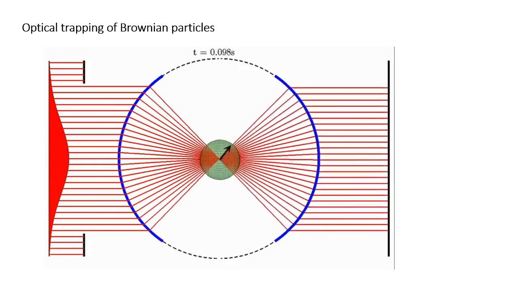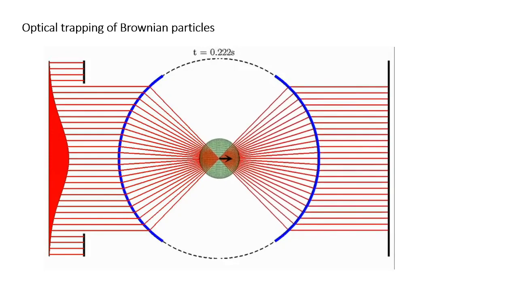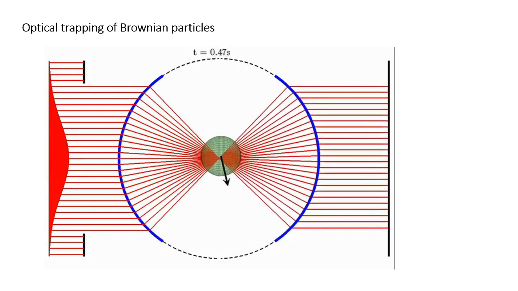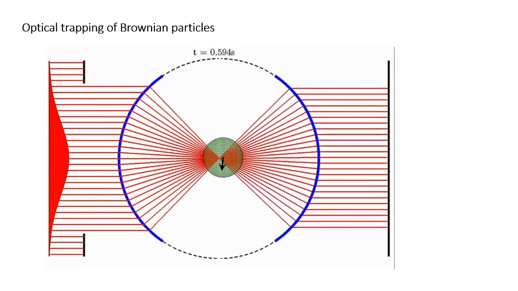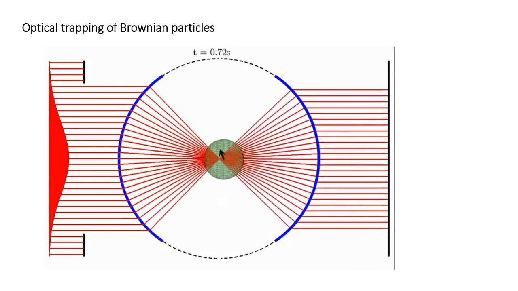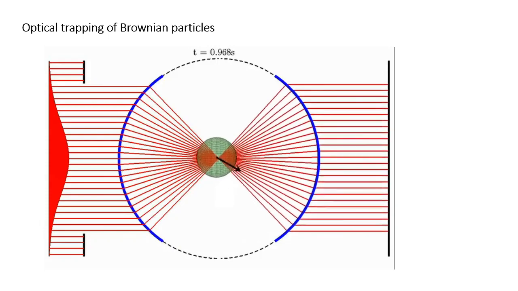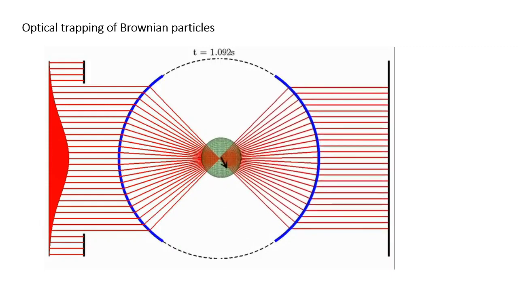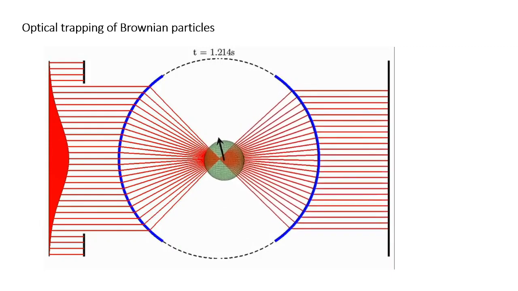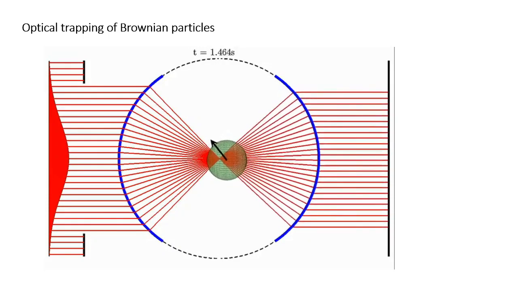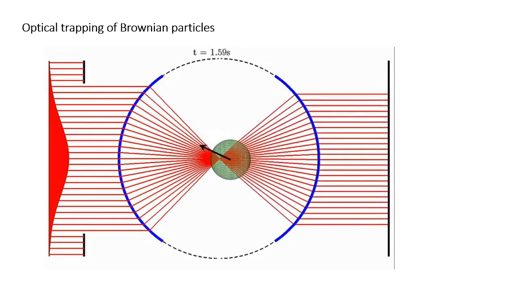So in this animation, you see that a microscopic particle is placed in the center of a highly focused laser beam, and due to the change of the momentum of the light beams that is refracted by the particle, there is a counteracting force acting on our particle, and this force is always pointing to the center of the focusing of the laser beam.